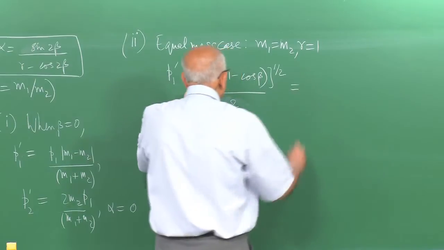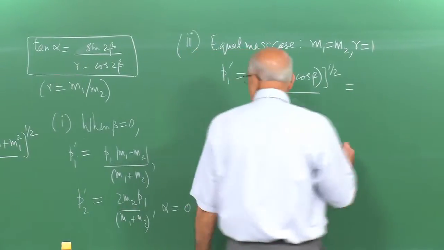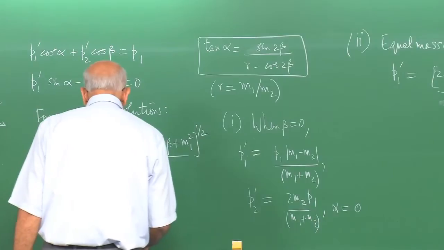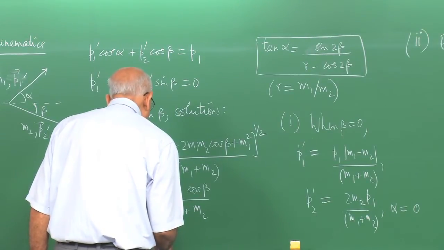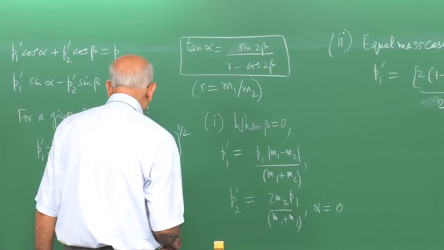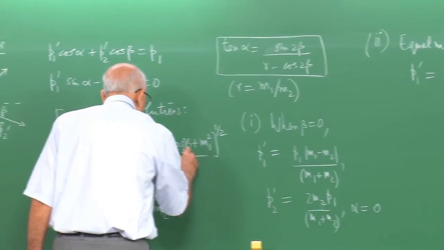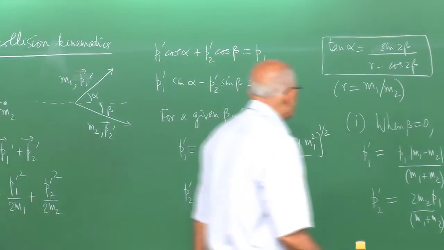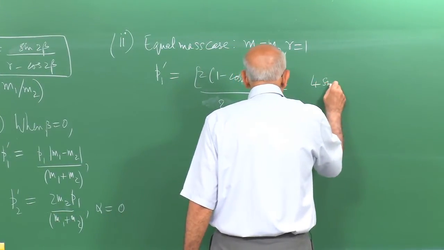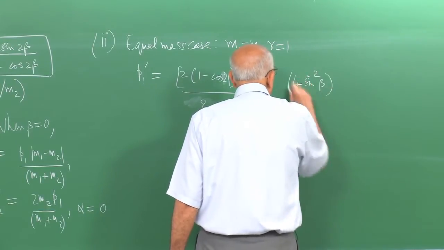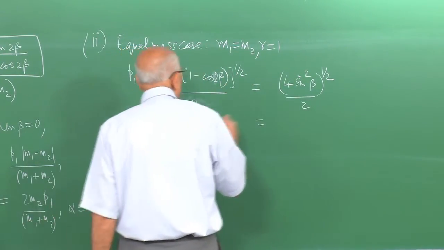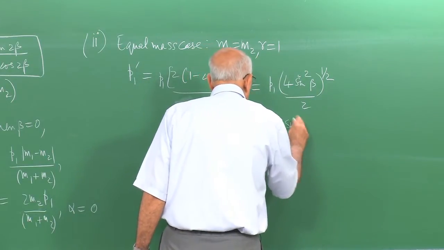So this thing here is 4 sine squared. Sorry, this is 2 beta there, and the expression now becomes 1 minus cos 2 beta, and this is equal to 4 sine squared to the power half over 2, equal to, with a p1 that's always sitting outside, p1 sine beta.